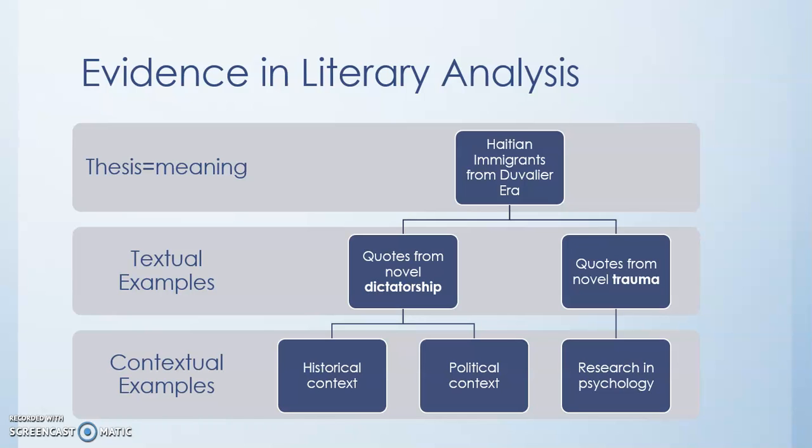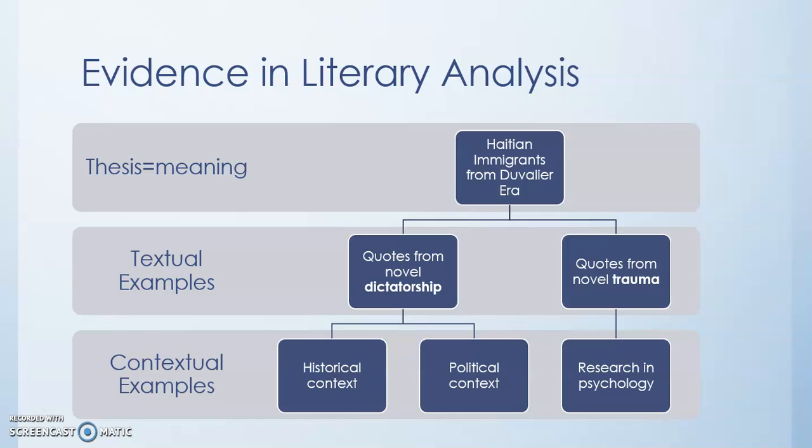In this particular example, what I've chosen as my thesis, in other words, the central meaning that I want to explore for the novel, and there are many, obviously, is about Haitian immigrants from the Duvalier era. So I want to look into the lives of those who immigrated from Haiti either during or after the Duvalier dictatorship.